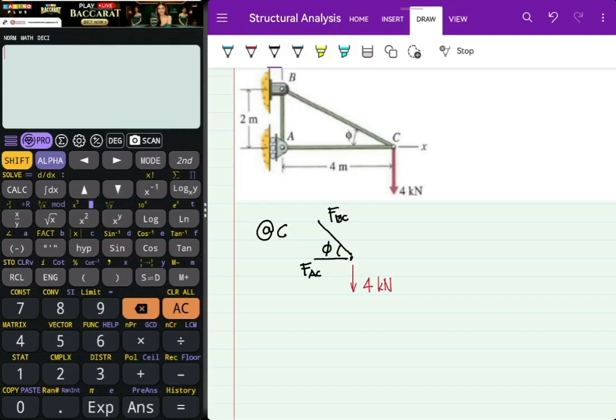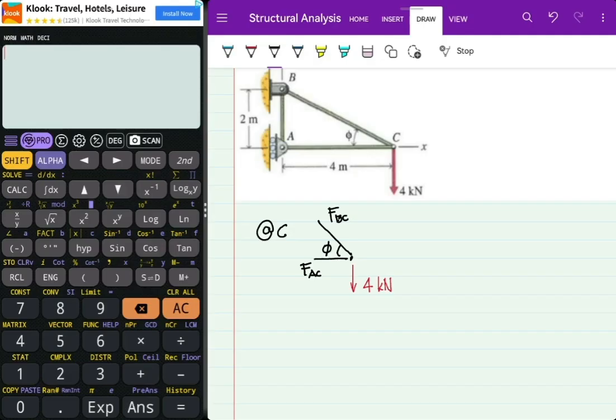When we say by assumption, we immediately assume that all of the forces in the structure are tensile, and if we end up with a negative answer, then our assumption is wrong. On the other hand, when we say inspection, we assess the given forces in the structure, or the external load applied to our structure.